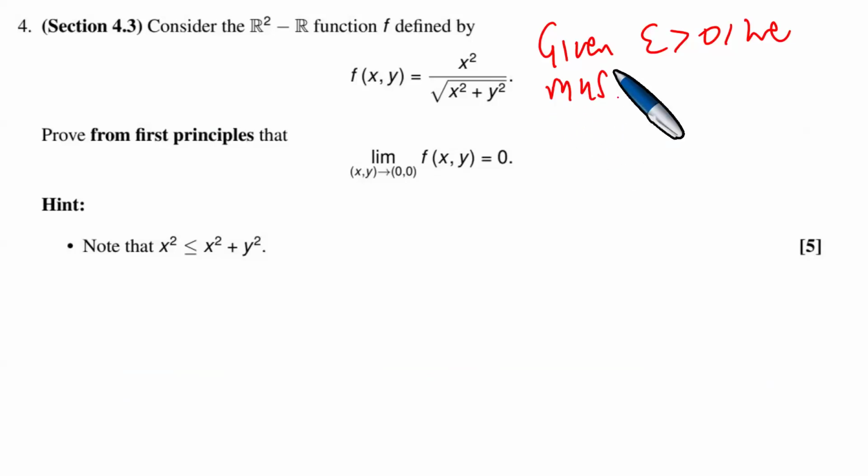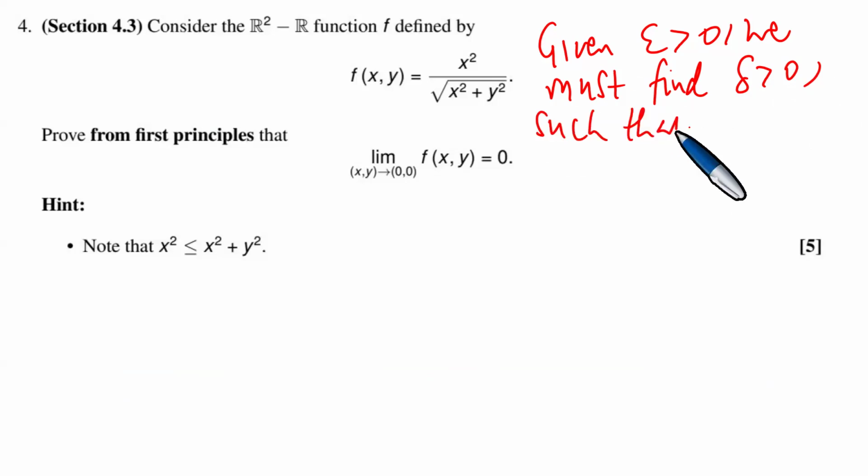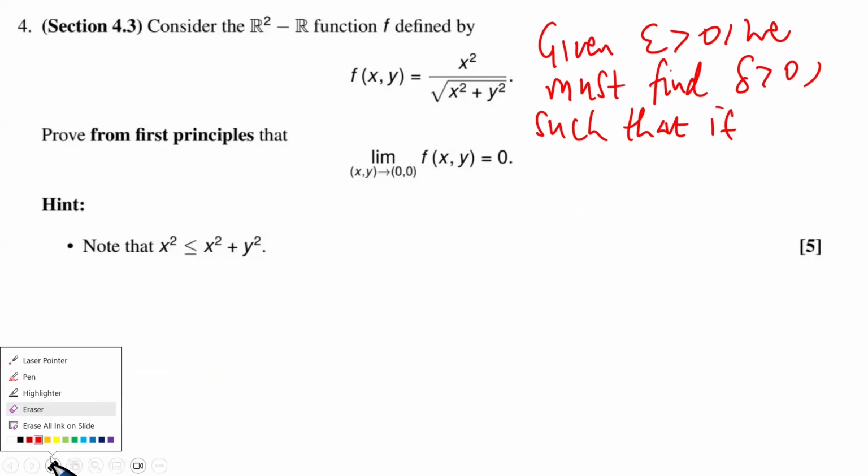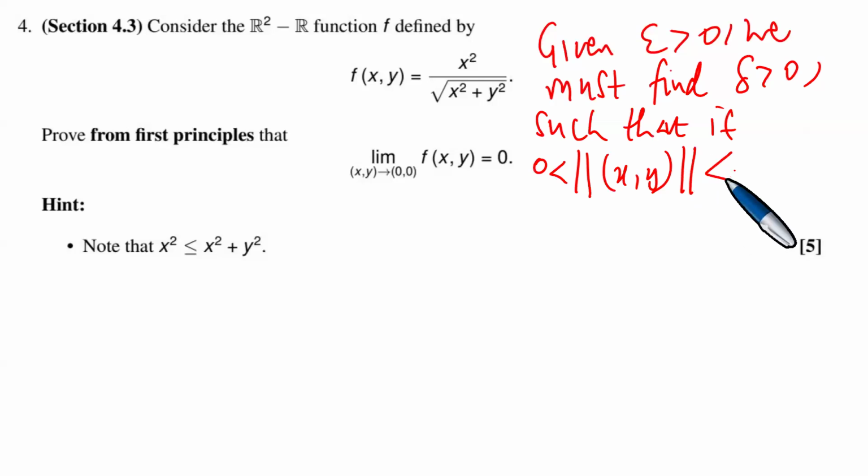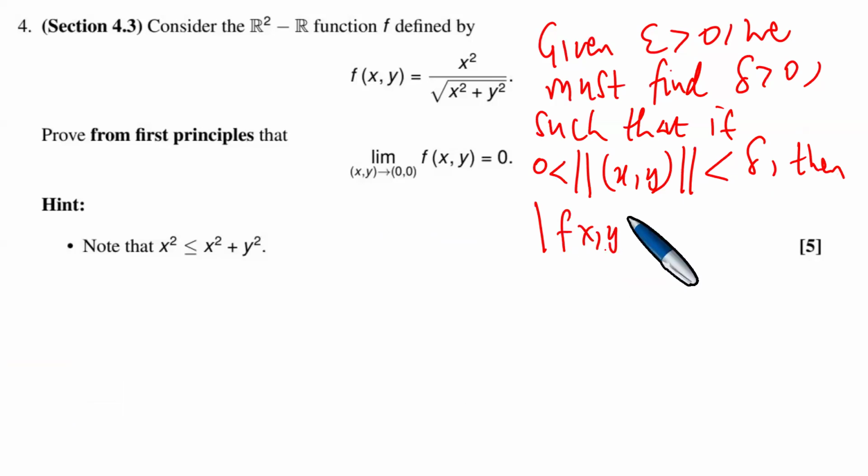We must find delta positive such that if 0 is less than the modulus of x and y, less than delta, then the modulus of f of x and y minus 0 is less than epsilon.